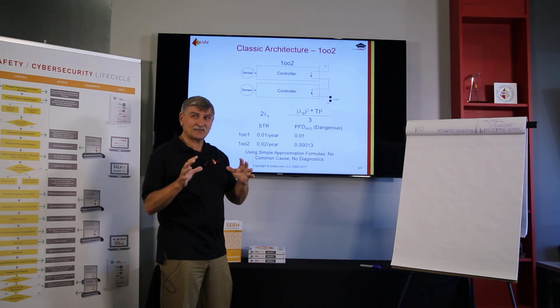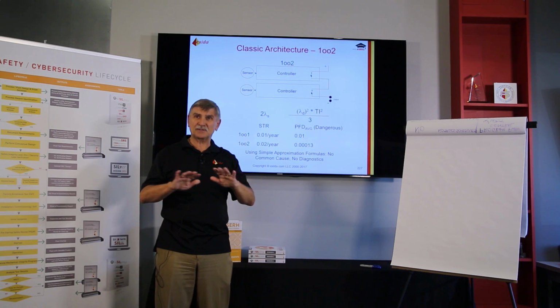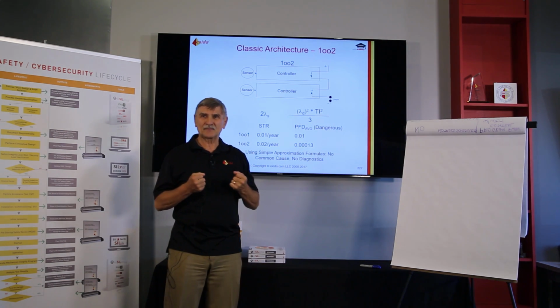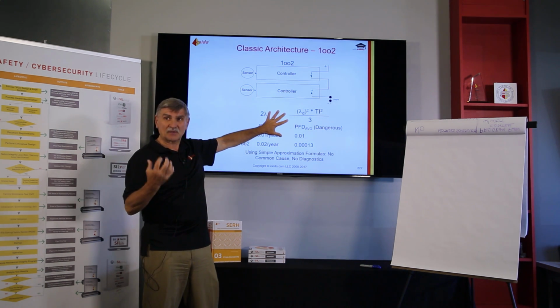But let's check PFD. Whoa, 0.00013. That is amazing, isn't it? Simple equations, no common cause, no diagnostics yet. We're just comparing. So it looks like this is a wonderful solution to the safety problem.